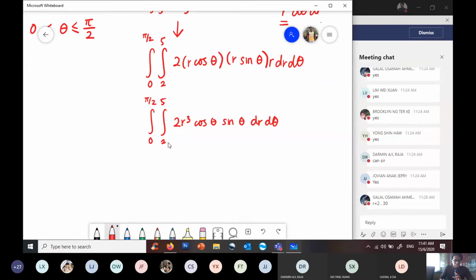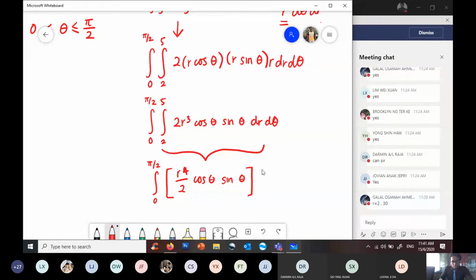Okay, so now I'm integrating with respect to r first. Remember the inner integral first, then only the outer integral. So 0 to pi over 2. If I integrate this with respect to r, r to the power of 4 divided by 4, so it becomes r to the 4 over 2, and cos theta sine theta with a d theta out here, and the limits are 2 and 5.